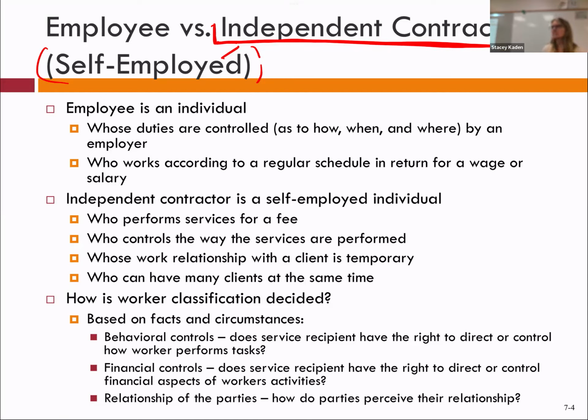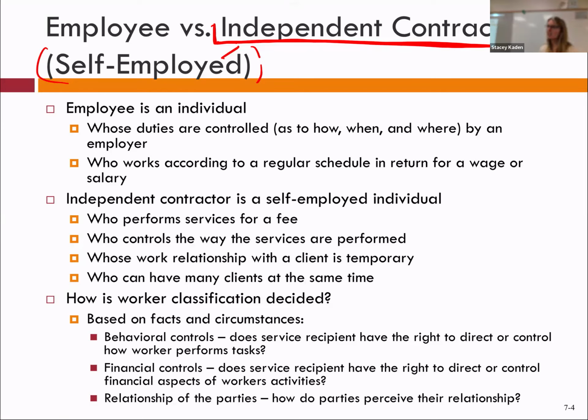Instead, she is going to teach how to properly train and take care of dogs. Would not be allowed. Okay. An employee works according to a regular schedule in return for a wage or salary in general.